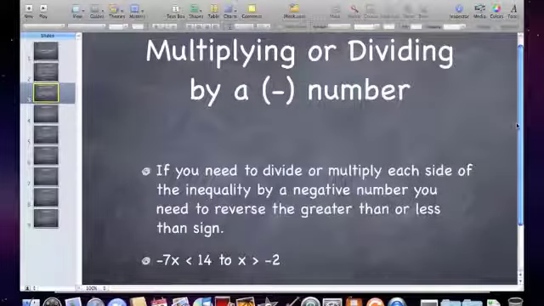If you need to divide or multiply each side of the inequality by a negative number, you need to reverse the greater than or less than sign. So negative 7x is less than 14, 2x is greater than negative 2.